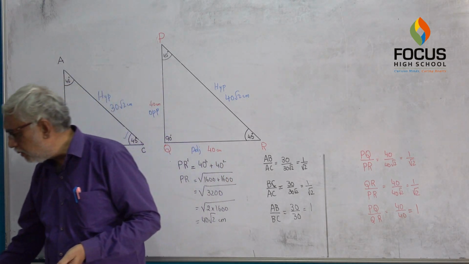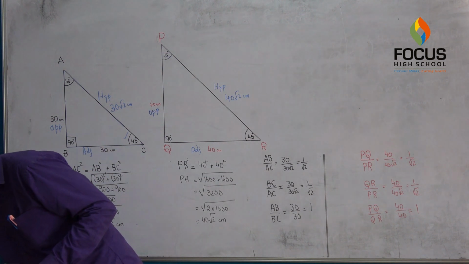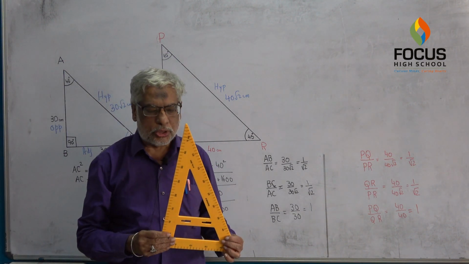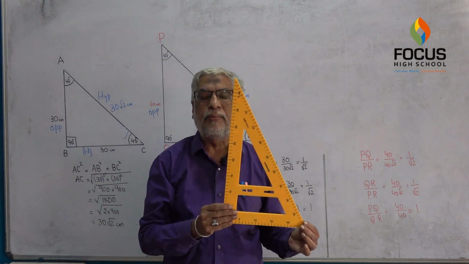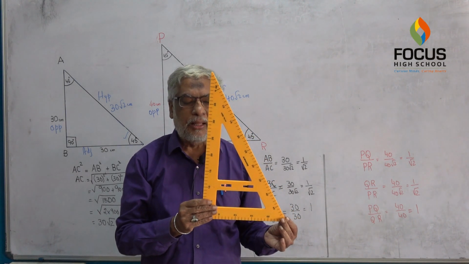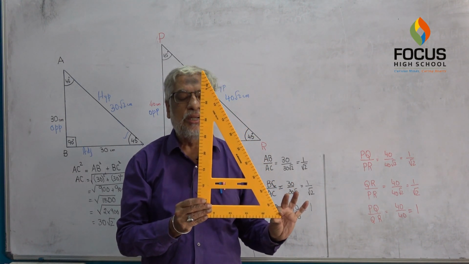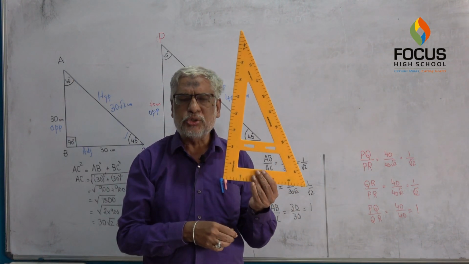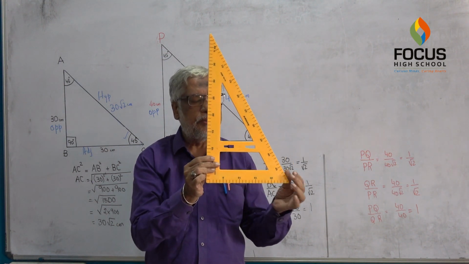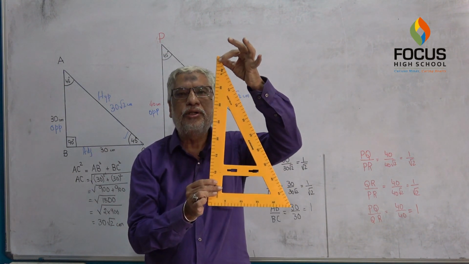In your box also, there will be another set square in your geometry box, and here the angles are, one is 90 degree, obviously it is also a right triangle, this will be 60 degree, this will be 30 degree.